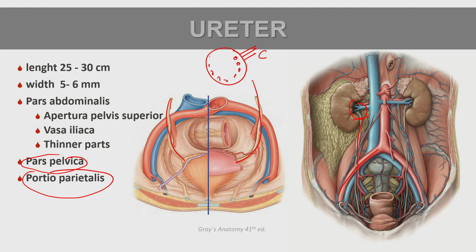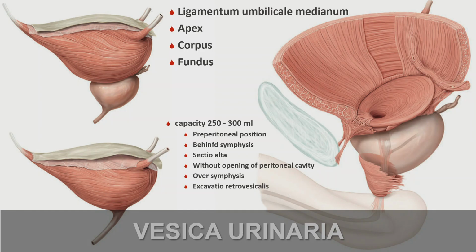It's vice versa than in the gastrointestinal tube. So now we have ureters, and ureters enter the large sac, which is called vesica urinaria, the urinary bladder.